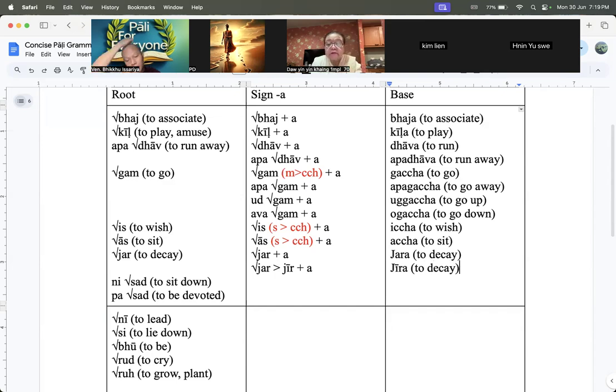Just changing in this way can be found for some roots. So that is why here in this root there is no change in anything. And only the root changes, such a special change.